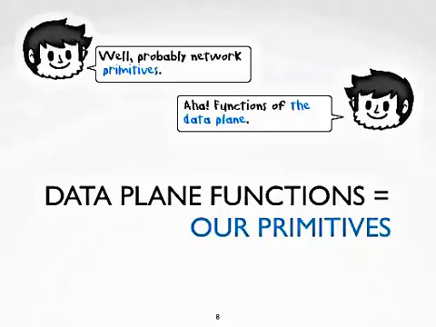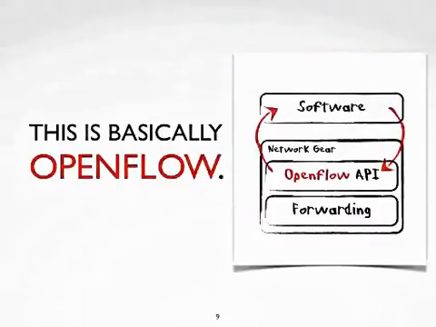So they assume that data plane functionalities, these simple functions, are the primitives. Based on those primitives inside our forwarding layer, they provide an API, which is called the OpenFlow API.